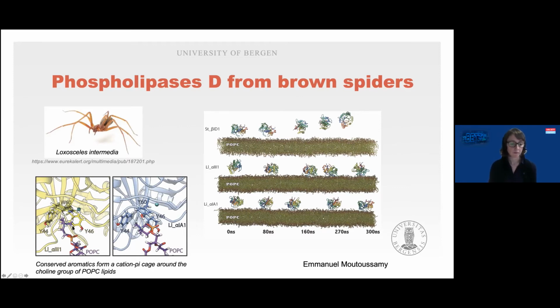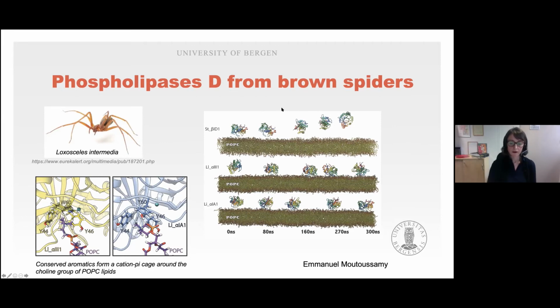They make cation-pi interactions with the choline head groups of the lipids, and those form a cage, which is not found in the ST enzyme. So it explains why they recognize and can process different lipids.